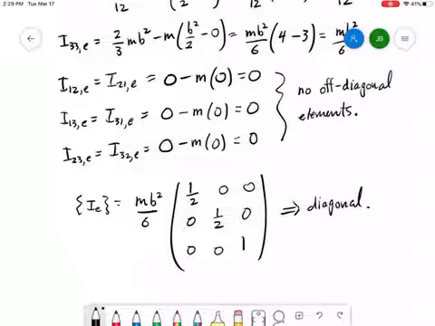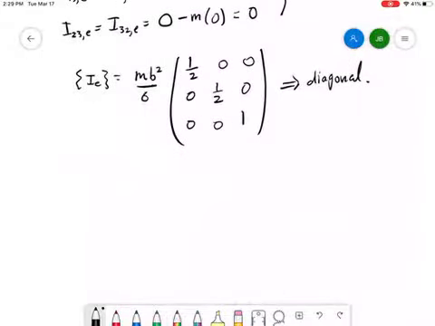And that must mean that this coordinate system at the origin of the square slab, with axes along the diagonals and one out of the screen, is a set of principal axes. Okay, so therefore we have found a set of principal axes.